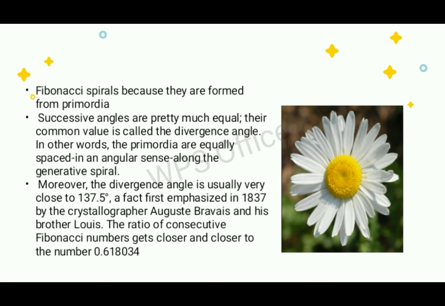Douady and Couder found that the divergence angle depends on the interval between drops according to a complicated branching pattern of wiggly curves. Each section of a curve between successive wiggles corresponds to a particular pair of numbers of spirals.